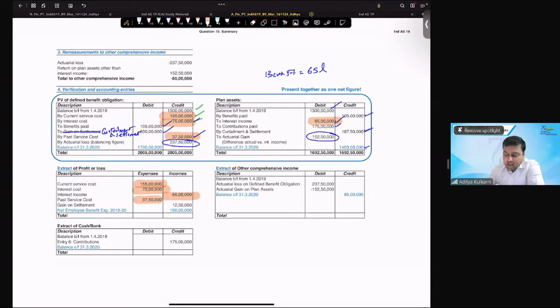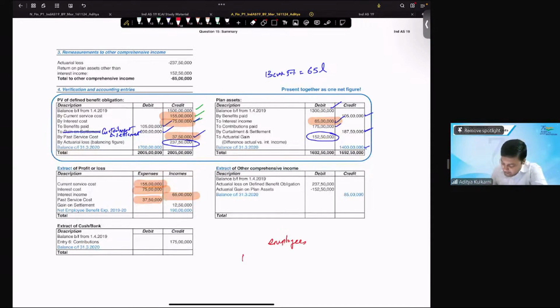Okay. Now look at this curtailment and settlement. I had these employees whose jobs I have terminated. There has been a redundancy, planned redundancies reduction, and therefore I have reduced their jobs. So we have removed their entitlement to these benefits.